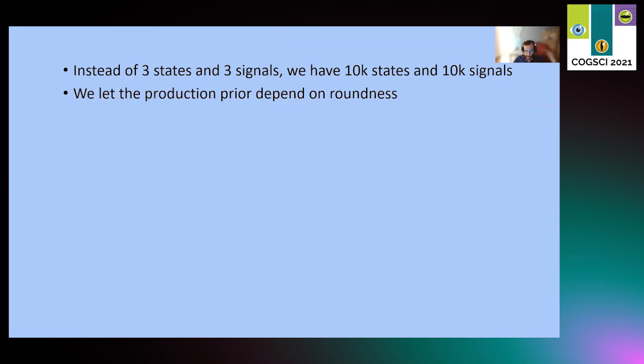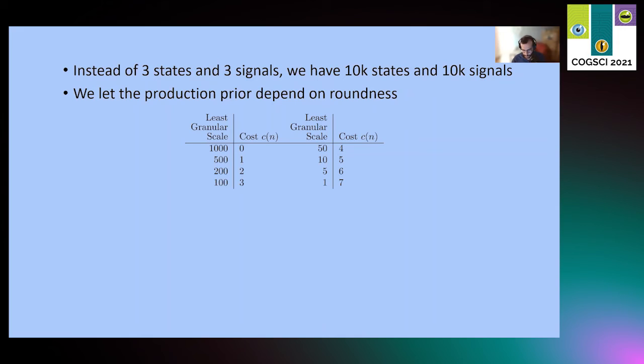So we simulate the full scale of numerals. We let the production prior depend on roundness, so that more round numbers have a higher probability of being produced by the speaker.